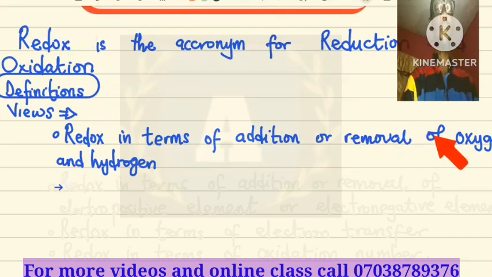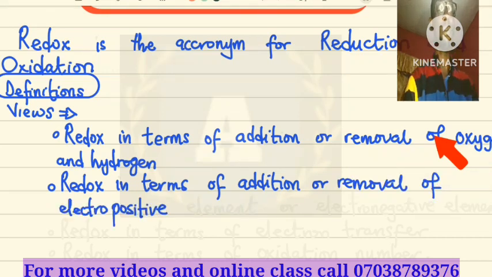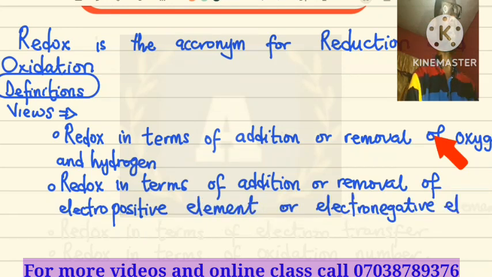Then another definition for reduction and oxidation which we're going to look at is redox in terms of addition or removal of electropositive element or electronegative element.